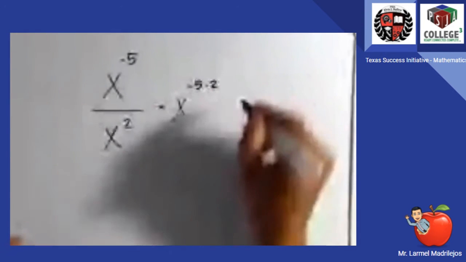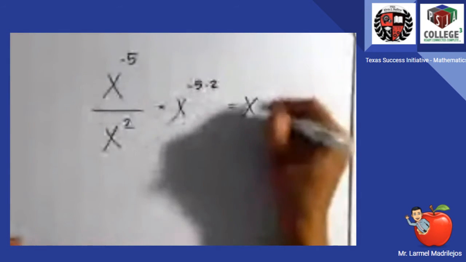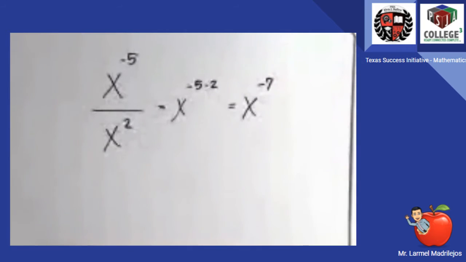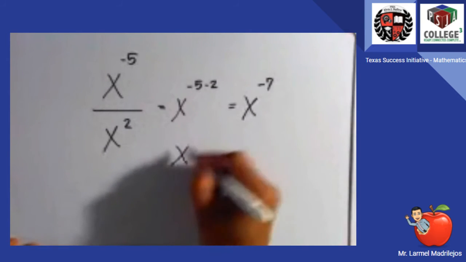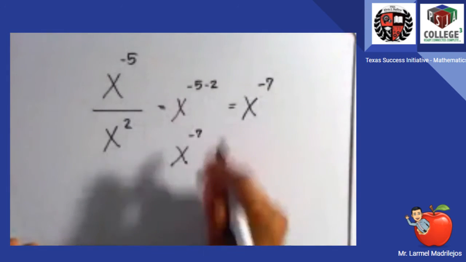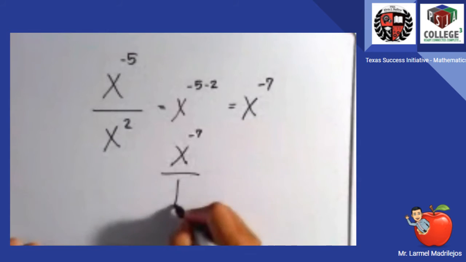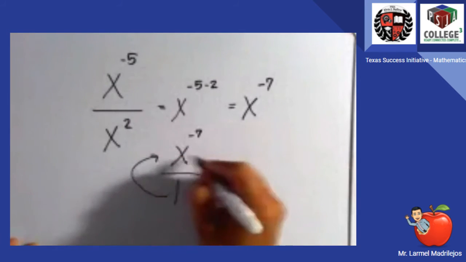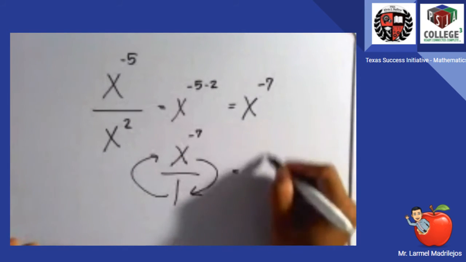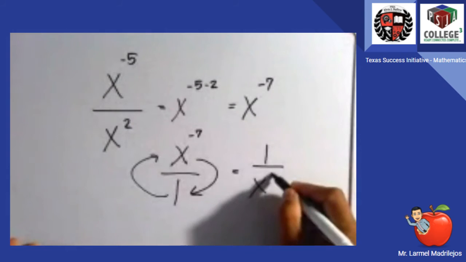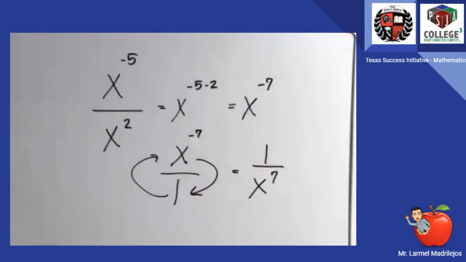The answer is x raised to negative 7. But in some tests and exams, they leave the exponent as positive. Remember the rule? Negative 7, make this positive. We have an imaginary 1, flip or reciprocal. So 1 over x raised to 7. Okay, that's an additional step.